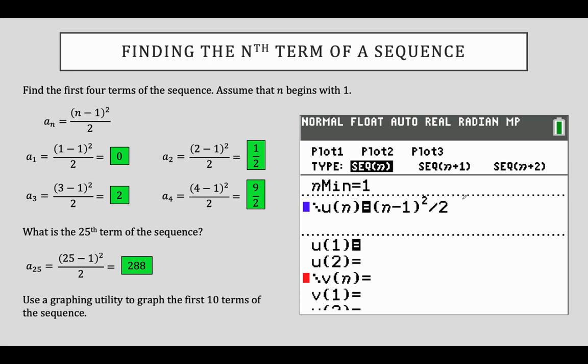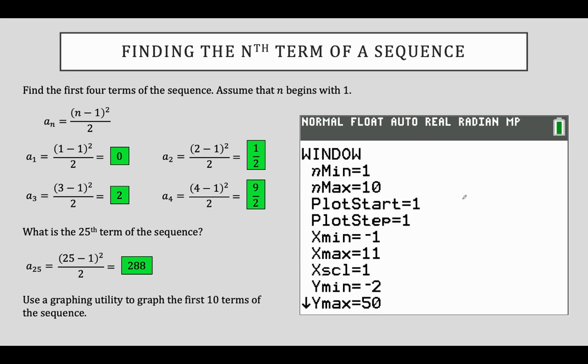Now, hit window. We want n to begin with 1, right? We're assuming that n begins with 1. And because we are looking to graph the first 10 terms, we want n max to equal 10. The rest of your settings should be the same here. Plot start at 1, plot step at 1, x minimum. I like to make my x minimum -1.